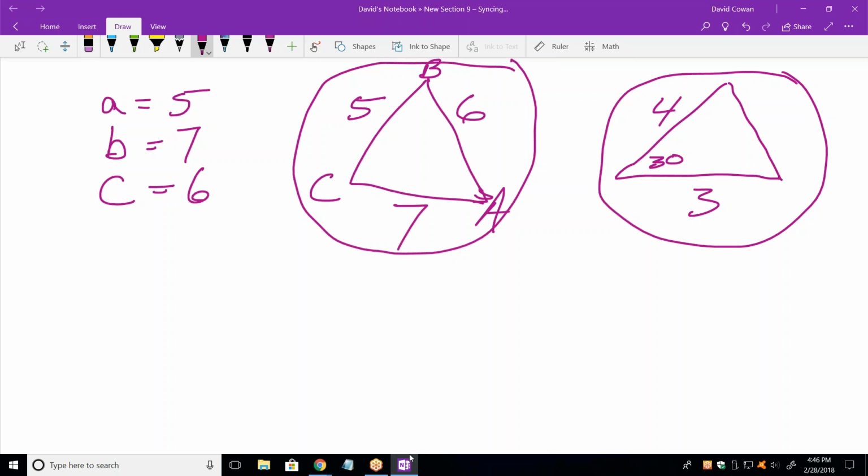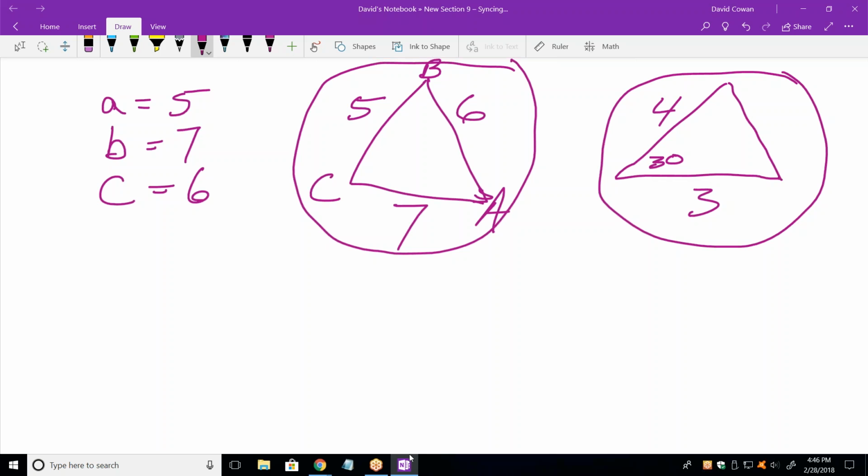Now, you can solve for angle A, B, or C first. No preference. You do have to know your law of cosines pretty well. So give me a law of cosines that works for that triangle.